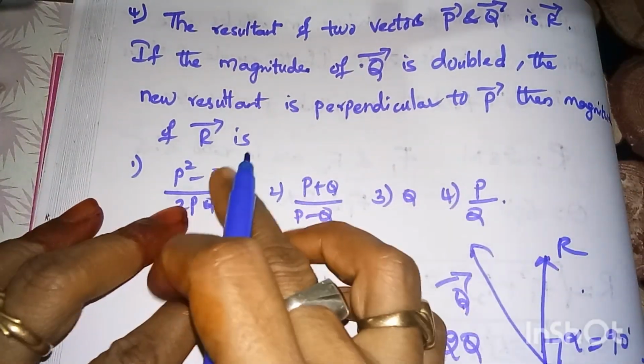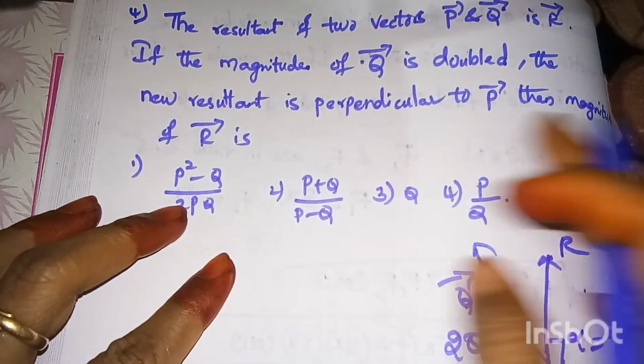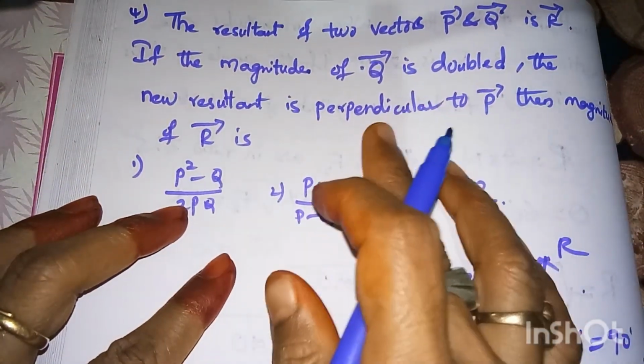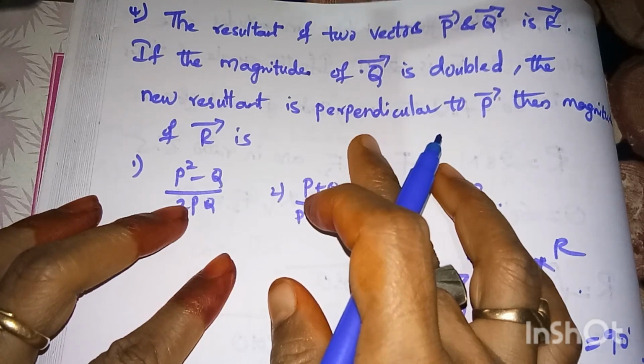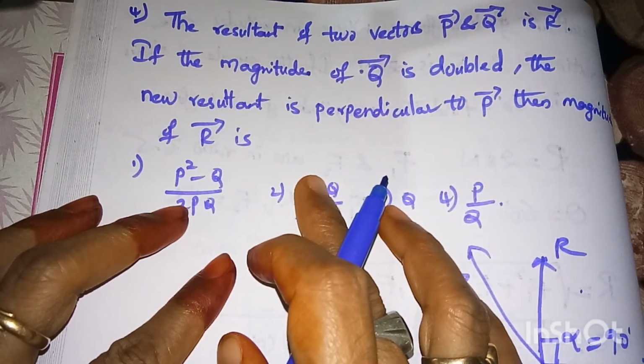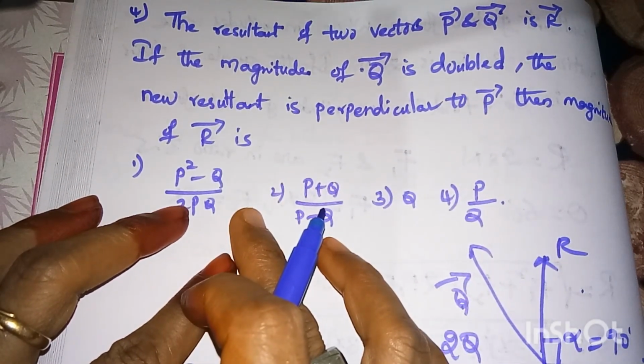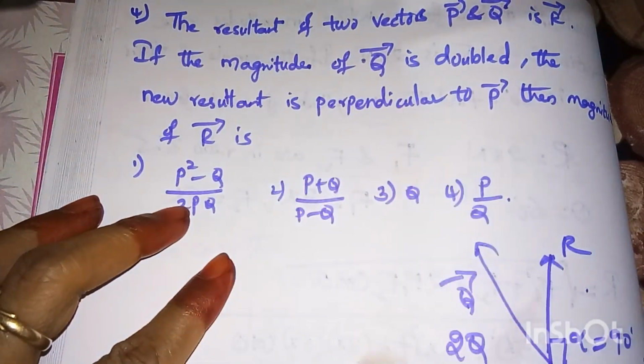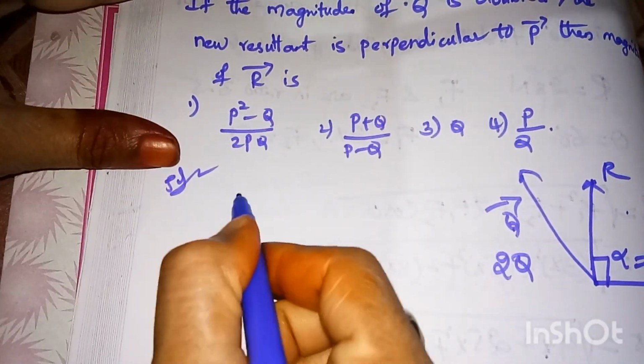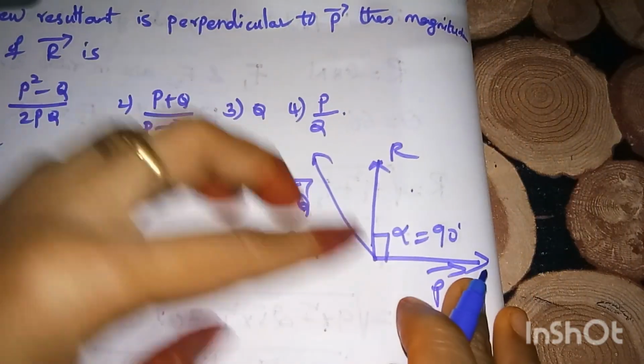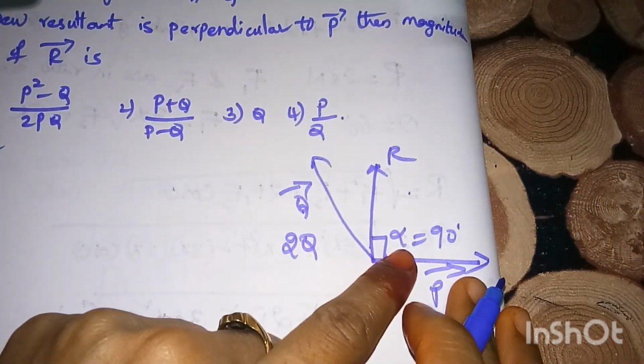In such a case, when the magnitude of q bar is doubled and the resultant is perpendicular to p bar, we have to find the magnitude of the resultant, that is r. So we have alpha equals 90 degrees.